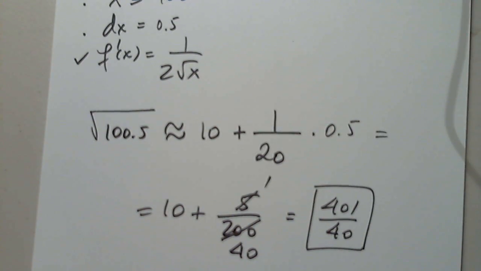So now I'm going to share my screen. And you can say, really? And I will say, really? So the square root, where's my square root? 100.5 and 401 over 40.